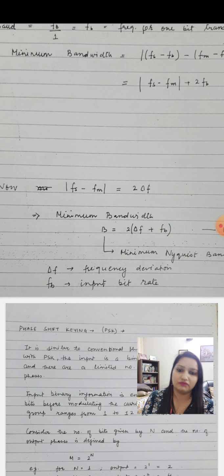Then the third thing that you should remember is the characteristic equation that governs the output wave, and along with the equation you should know how logic 0 or logic 1 will change the equation of the respective modulated waves. And the fourth thing is your bandwidth.